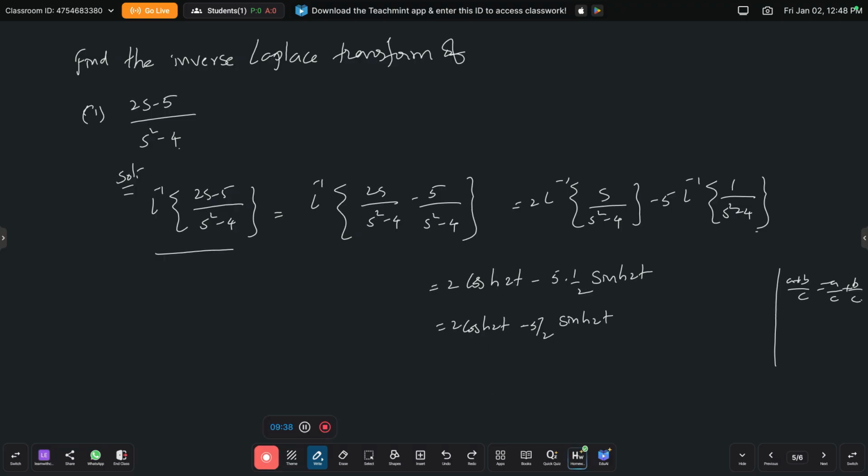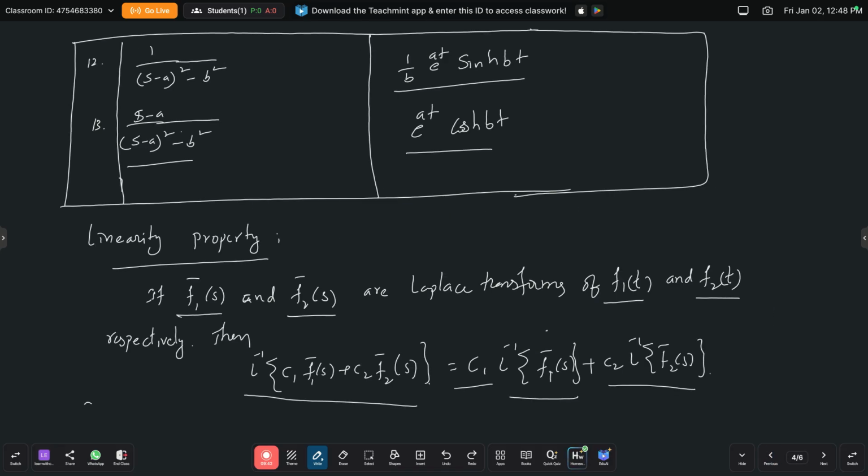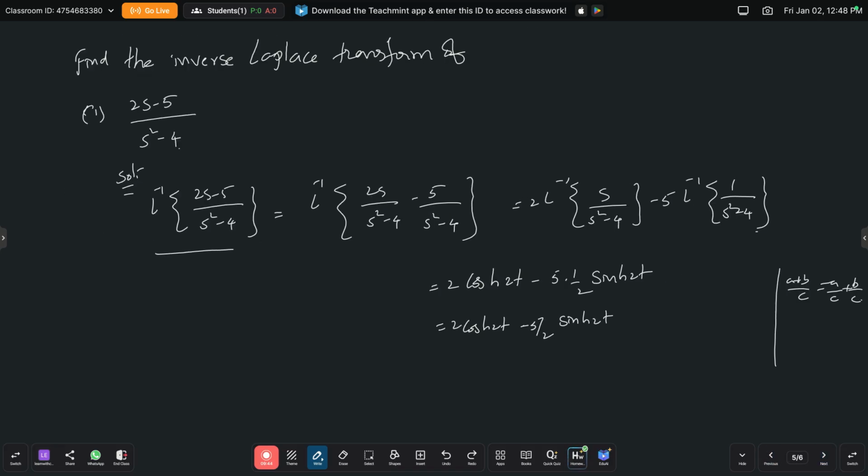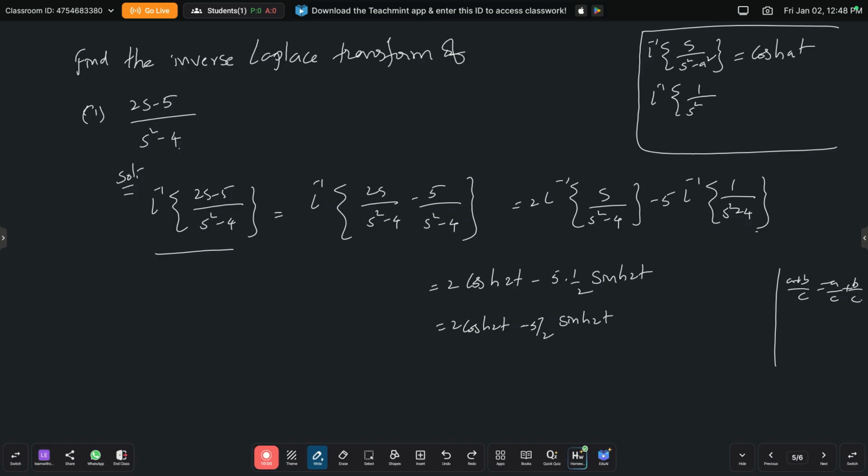Here, s by s square minus 4. You have a formula, write it down: L inverse of s by s square minus a square equals cosh at, and L inverse of 1 by s square minus a square equals 1 by a sinh at.